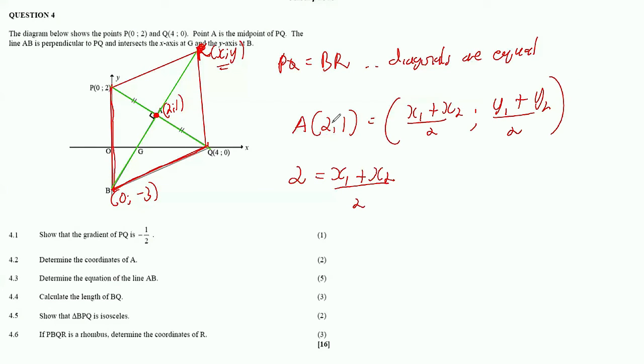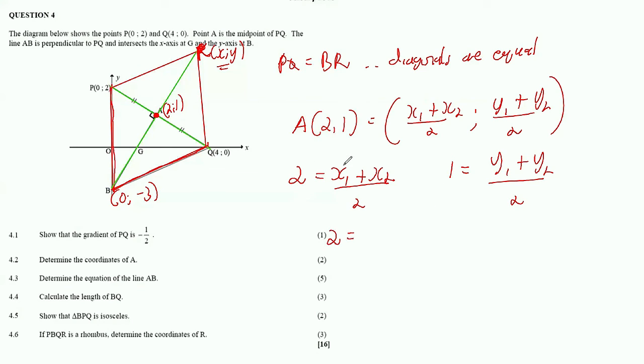And then remember, I do have the y coordinate of the midpoint. So I will take this y coordinate of the midpoint and equate it to the y values here. So that's 1 equals y1 plus y2 over 2. So what I'm doing is just separating this formula. I'm taking the x's to the x coordinate of the midpoint, and I'm taking the y's to the y coordinate of the midpoint.